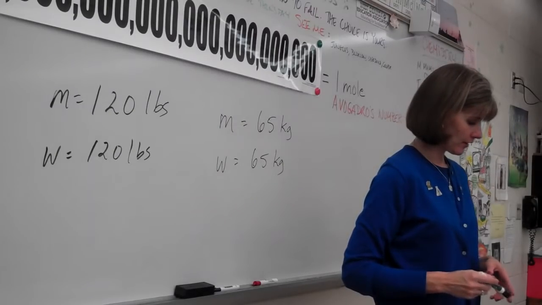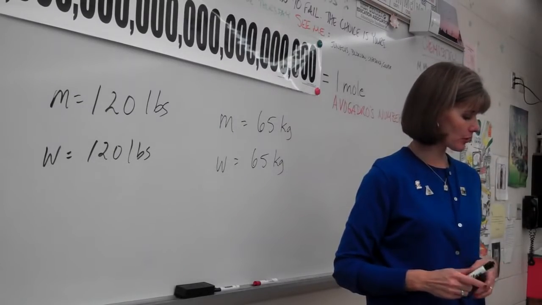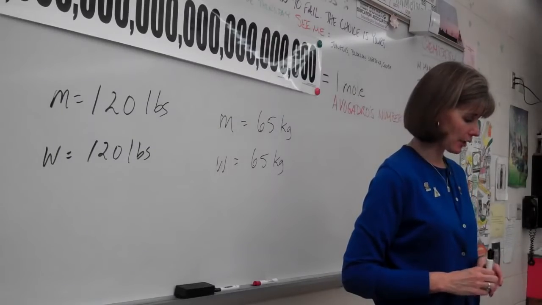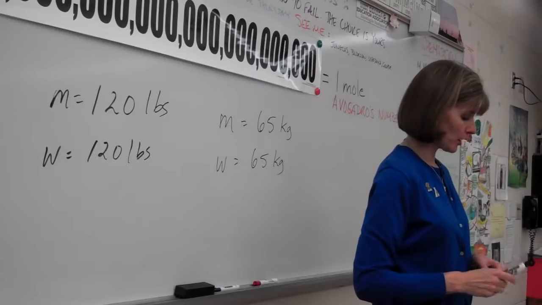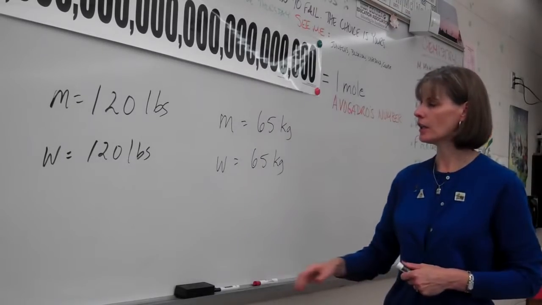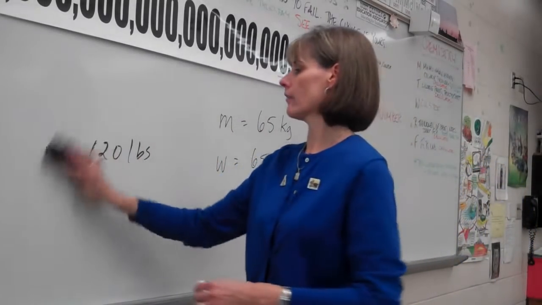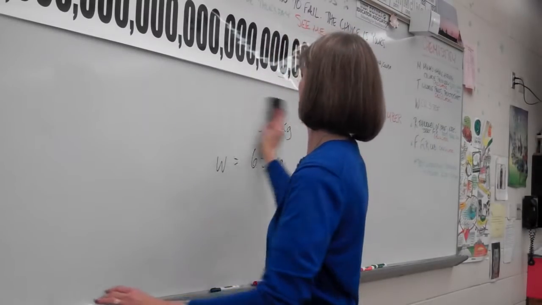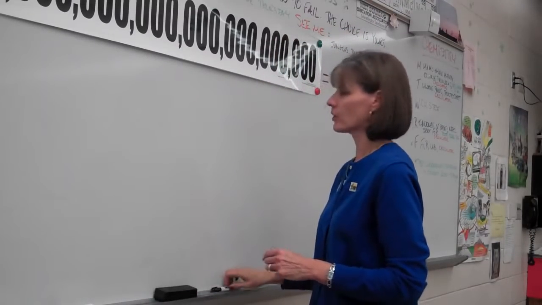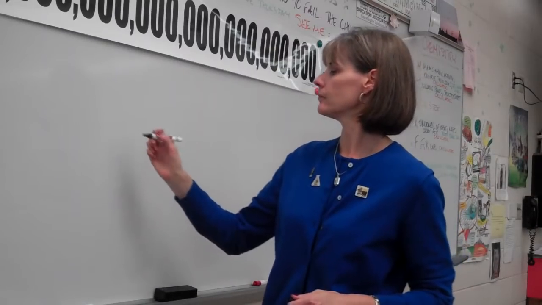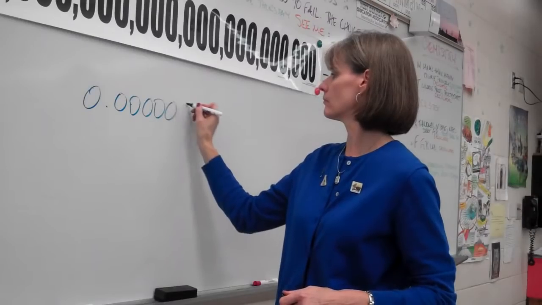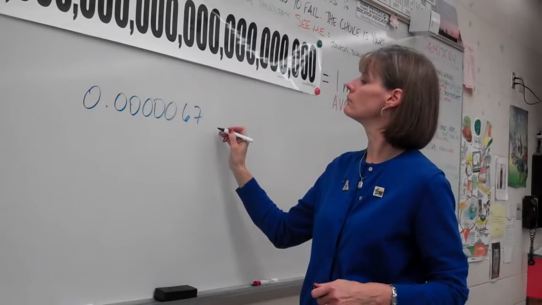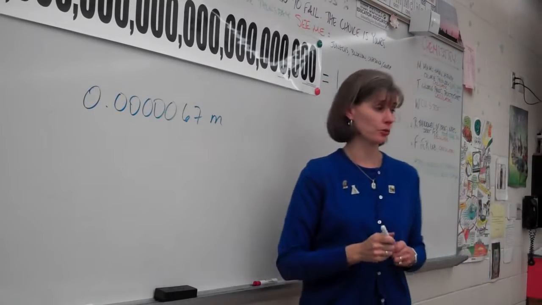Conversions. The next two are converting within the metric system and then asking about inequality. So 17 and 18, convert between metric units. If we have something like this, that many meters.